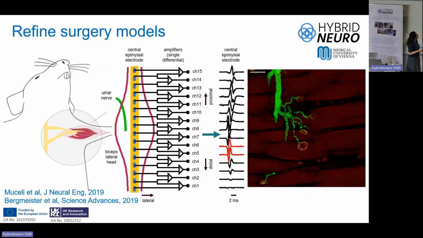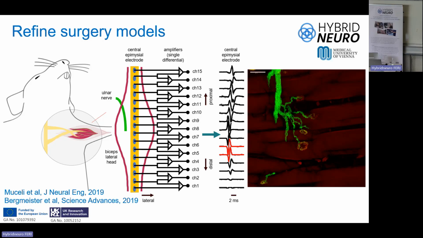So in this case, we could record the signal propagation, the propagation of each motor unit. If you focus on this image, you see an action potential that goes up first and then becomes negative, and this is the same for all action potentials on this side. While here, you have action potentials that are negative first and then positive, and this is true for the action potentials on this side.